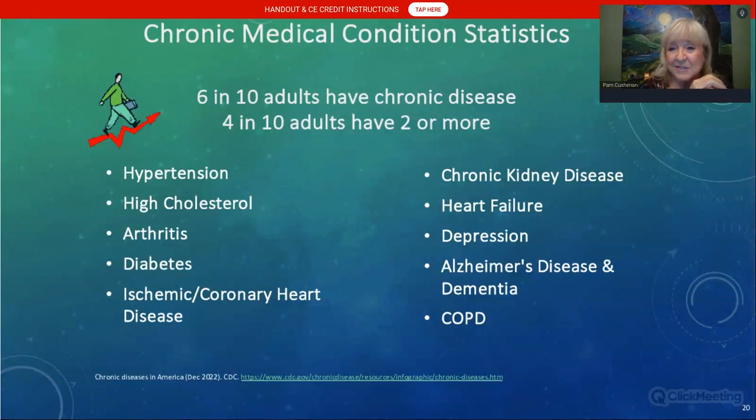And 4 in 10 adults have 2 or more of these chronic diseases. So these include hypertension, high cholesterol, arthritis, diabetes, ischemic coronary heart disease, chronic kidney disease, heart disease, depression, Alzheimer's disease, and dementia, as well as COPD.